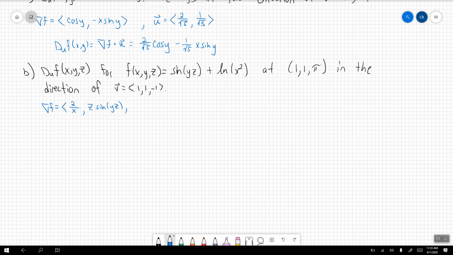Then the partial derivative with respect to z should get us y times sine of yz. Excuse me, I said sine, and you are absolutely correct. It is not sine. The derivative is cosine. My apologies. Cosine and cosine. There we are.